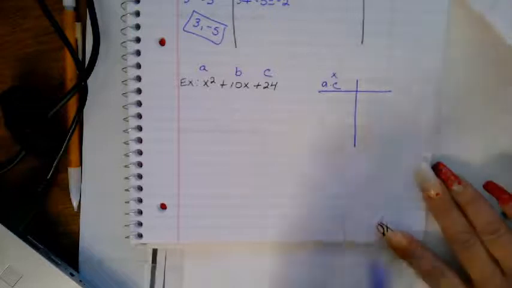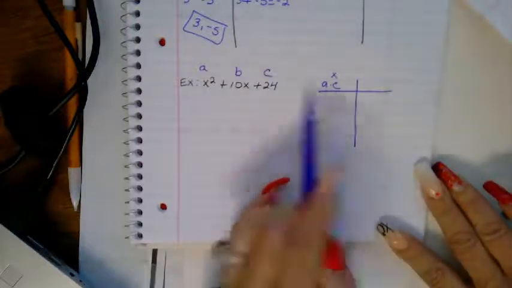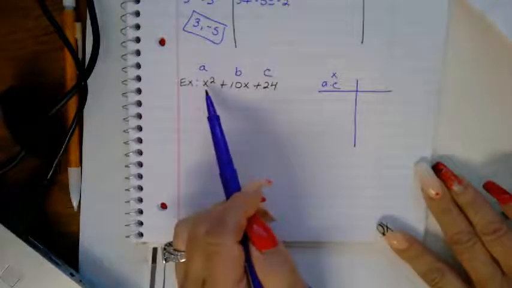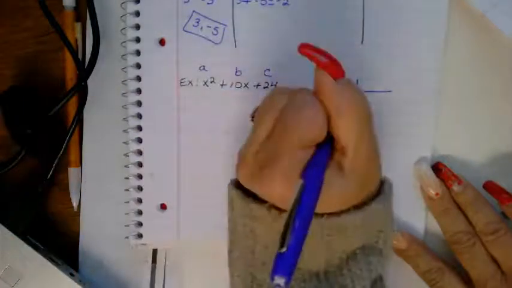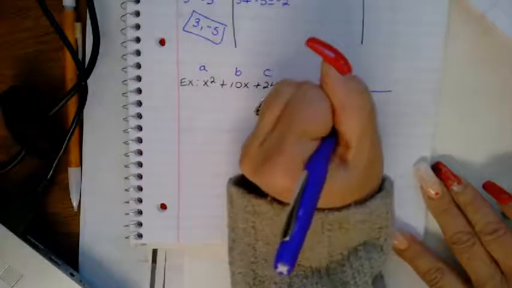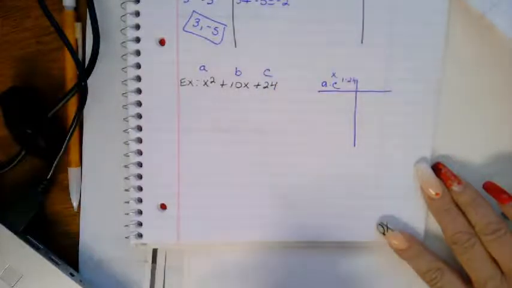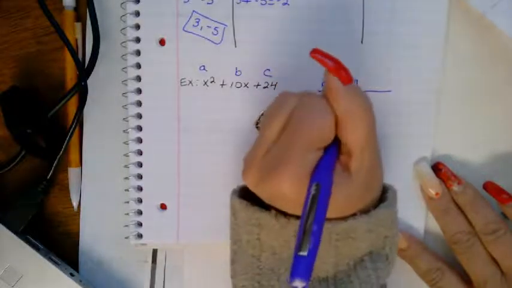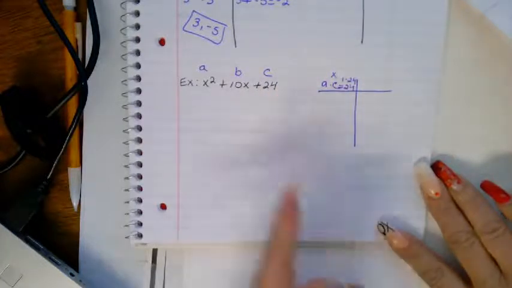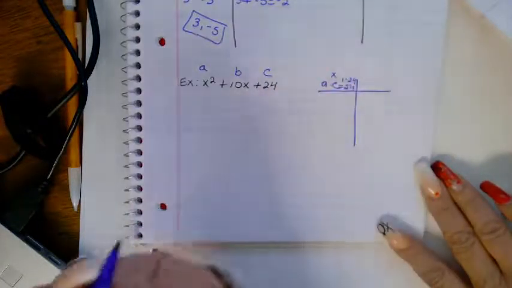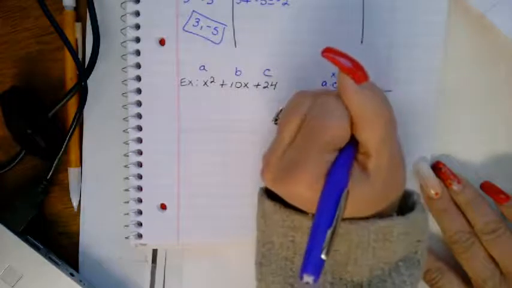A times C, there's a 1 there, times 24, and we're dealing with positive numbers, so this one's going to be 24. And our B is 10, right?